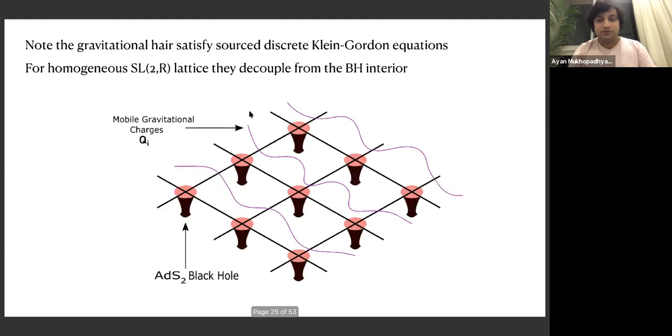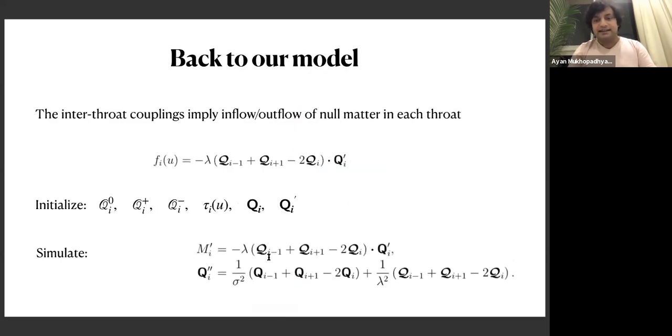If you look into our equations, you can see that if all the charges are homogeneous, then this part vanishes, and this corresponding Q_I prime can be anything, and still the right-hand side will be 0. Because they are homogeneous, this particular component will be source-free, and they will satisfy some free sine-Gordon equations.